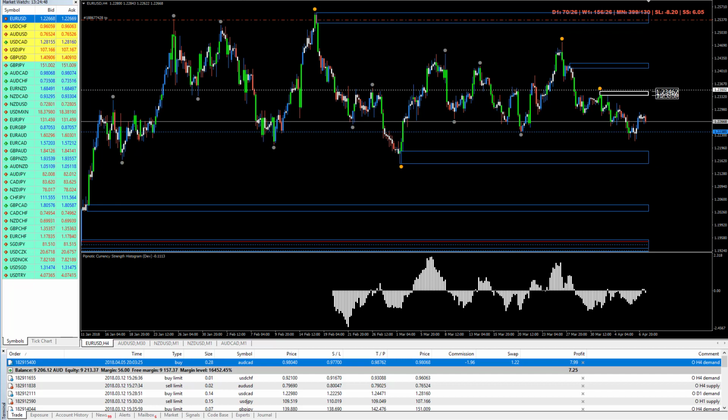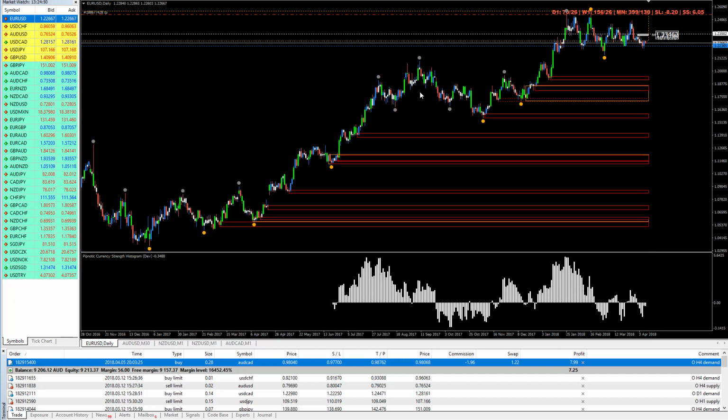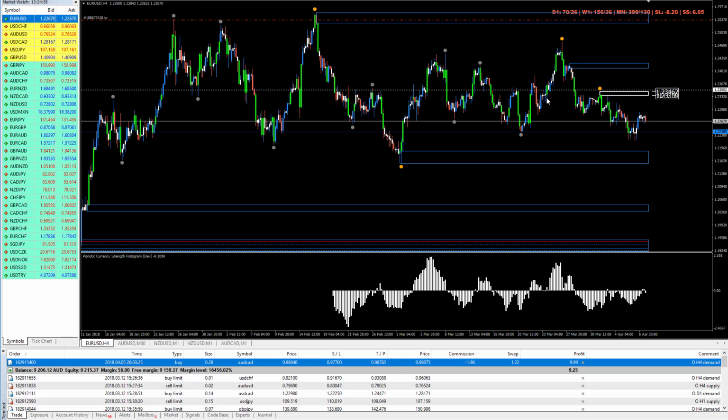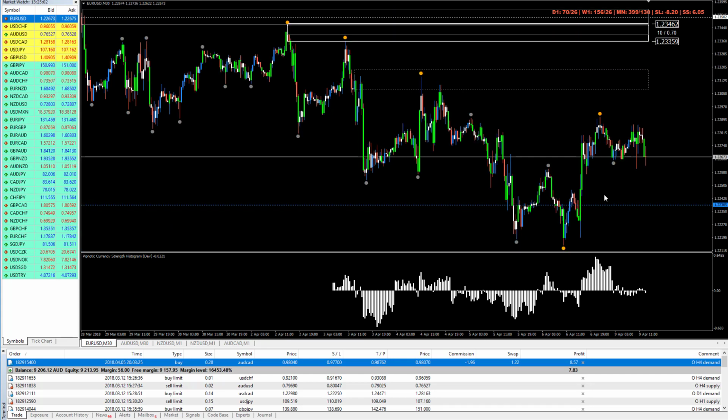But if you go to a bigger time frame, you'll see the same thing happening there. On a smaller time frame, you'll see the same thing happening there. So you can go to a smaller time frame and see a similar thing. We have a low here and a low here. This is moving down. We have a low here and a low here, and this is moving higher.